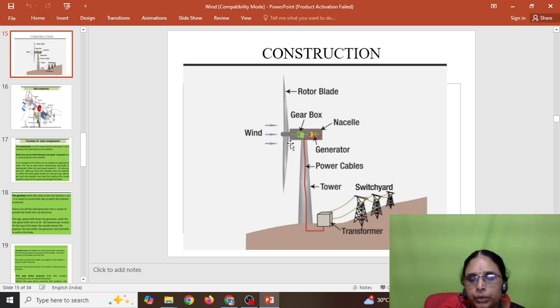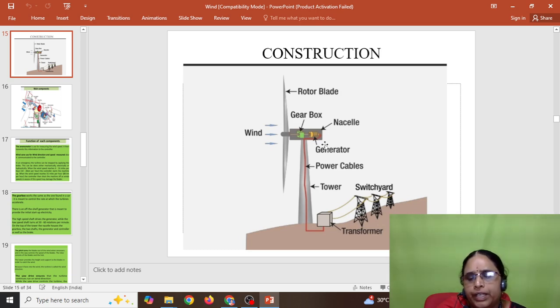As we all know, the generator converts the mechanical energy into electrical energy, and the transformer steps up the voltage which is given to the grid. So this is the working principle of the wind turbine.